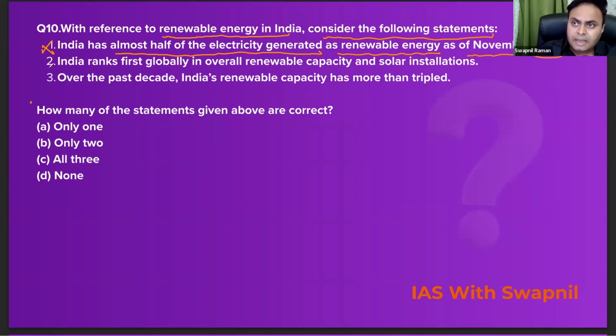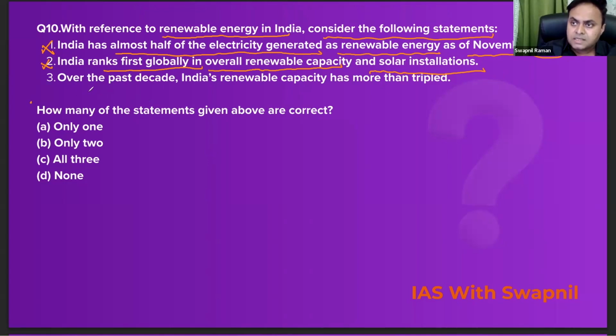So the first statement is absolutely incorrect. There's a huge gap. The second statement says, India ranks first globally in terms of overall renewable capacity and solar installations. No, that's not correct. India ranks third globally, if I'm not wrong, third or fourth, right? In terms of renewable capacity and solar installations.